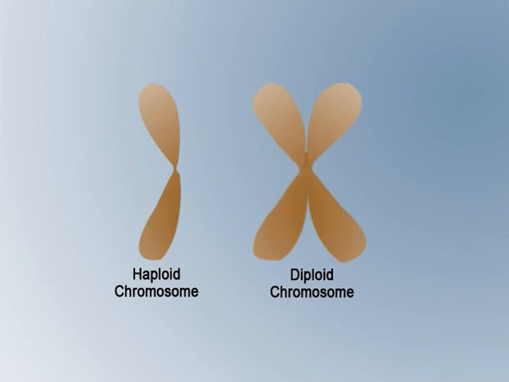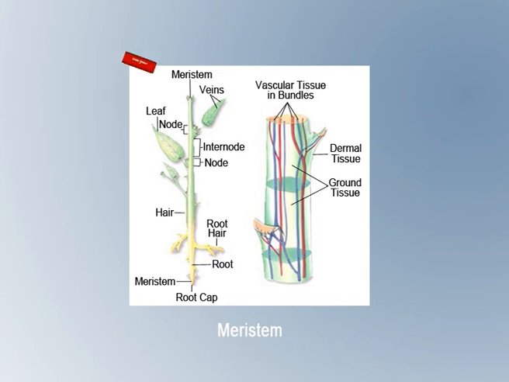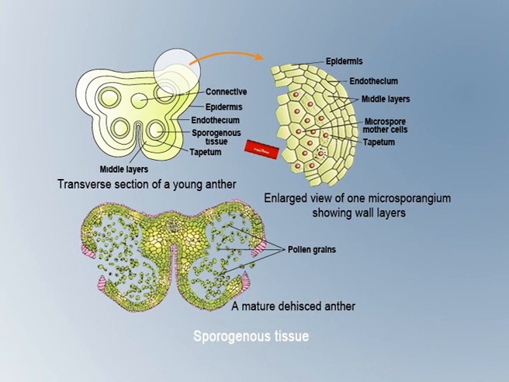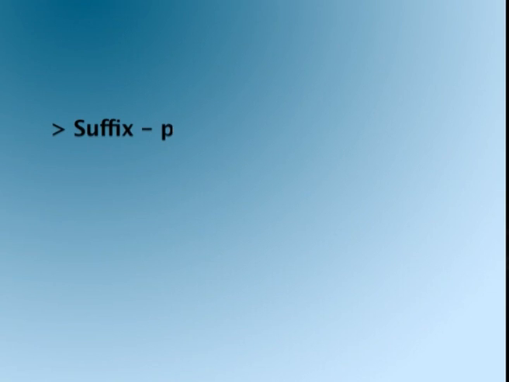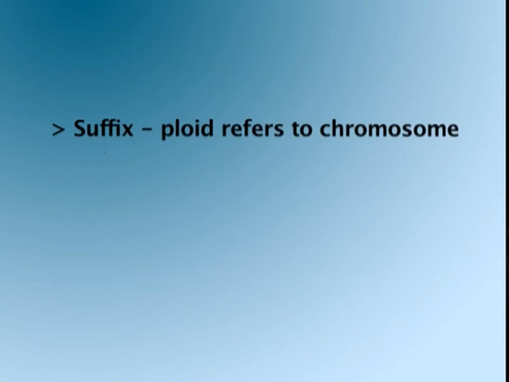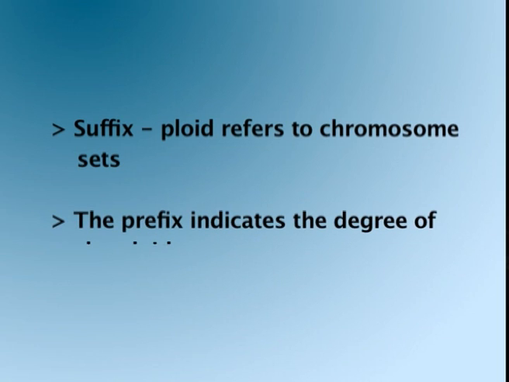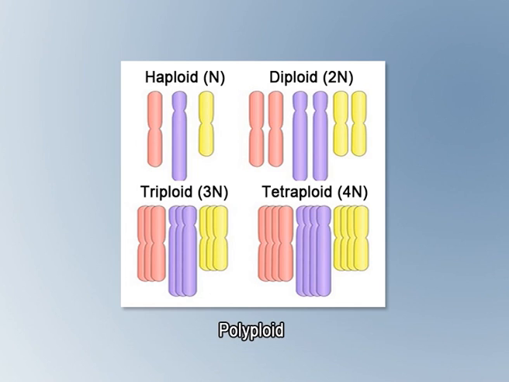In somatic tissue, haploid or diploid counts are usually made on rapidly and synchronously dividing cells, for example, meristems, embryos, and young sporogenous tissue. The suffix ploid refers to the chromosome status. The prefix indicates the degree of the ploidy. When various members of a taxon possess an exact multiple of the basic number of the chromosomes, the series is called polyploid.